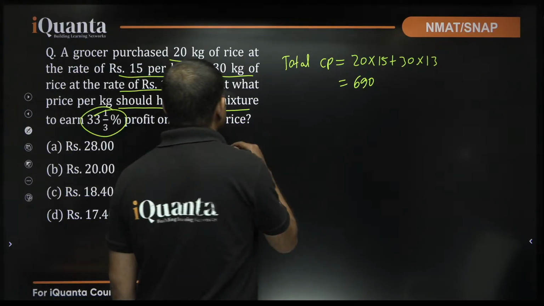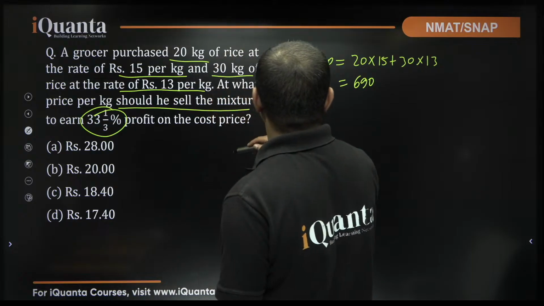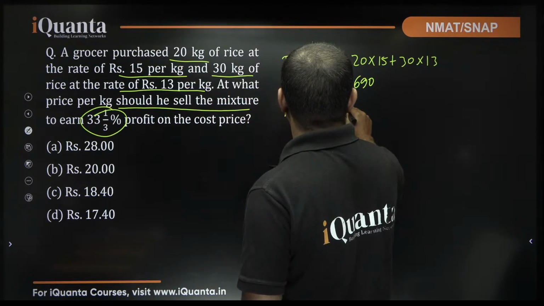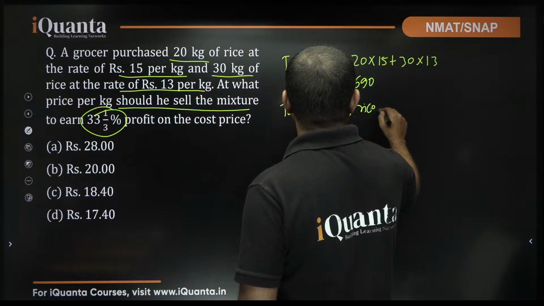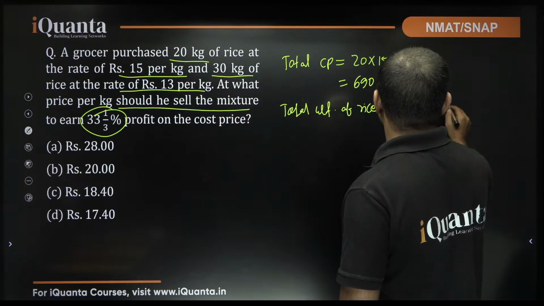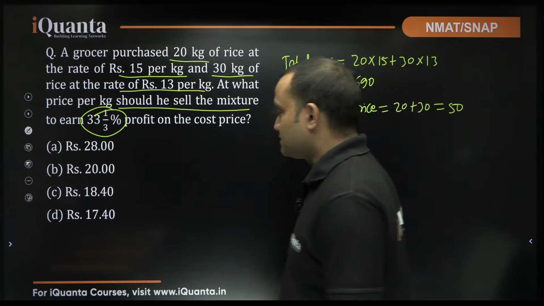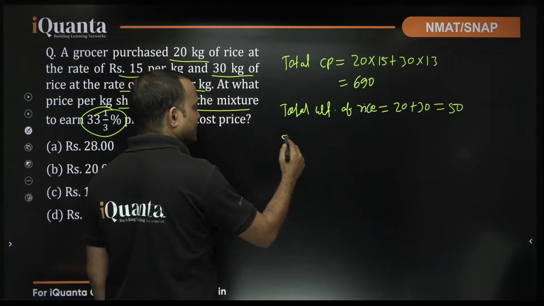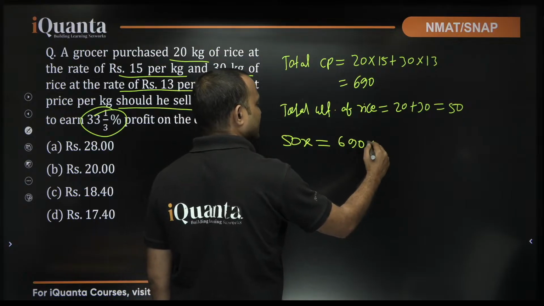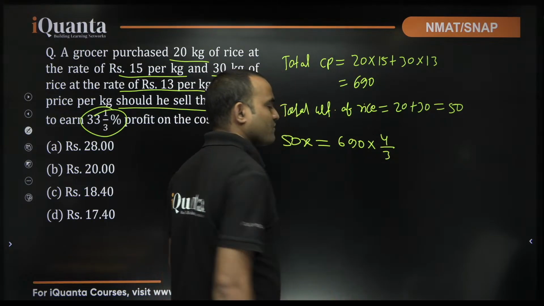So what's the total weight? Total weight of rice is equal to 20 plus 30, which is equal to 50. So 50x is equal to 690 into 4/3. Why 4/3?